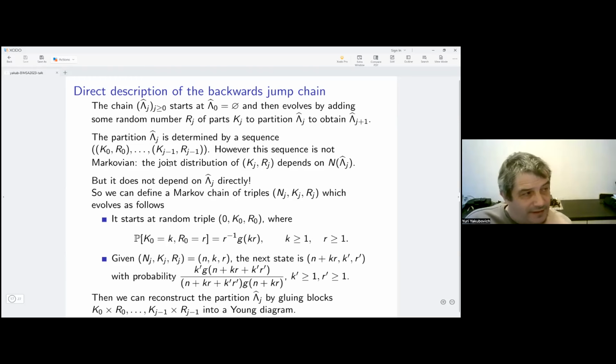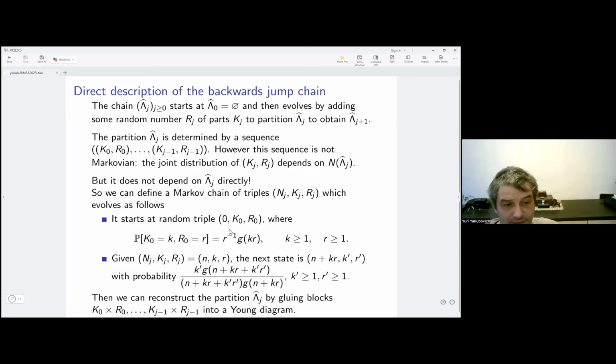But the sequence isn't Markovian, so in order to have the distribution of this, we need to know the whole sequence, but actually it depends just on the size of the partition which we have on step J. And if we add this sequence of sizes to our pairs K and R, and consider triples N, K, and R, then we will get a Markov chain, which can also be explicitly described.